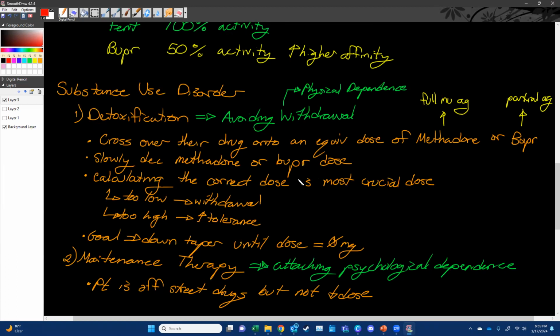So maybe they were like a prescription drug user, like they abused oxycodone or hydrocodone. For someone who was fentanyl or heroin, you're probably going to be starting on methadone, and then eventually over a few months, you're going to be able to get to Suboxone. That's a really, really good question. So we have to wait for them to get rid of all of their drug of choice first, and then we'll give them the buprenorphine.